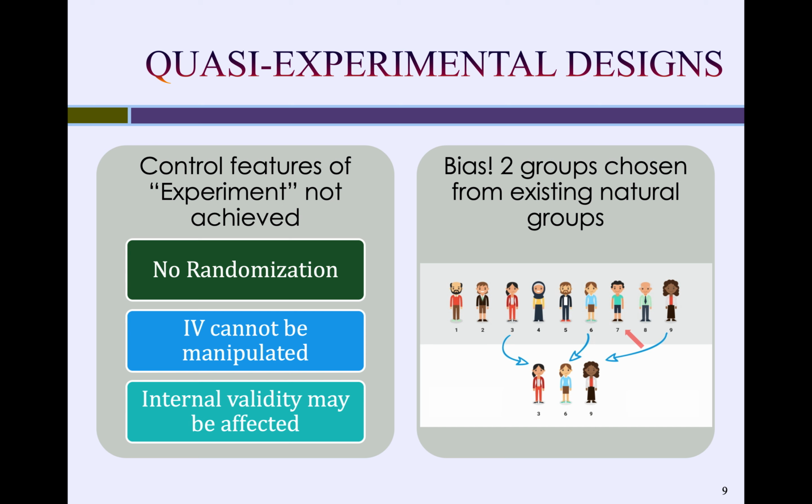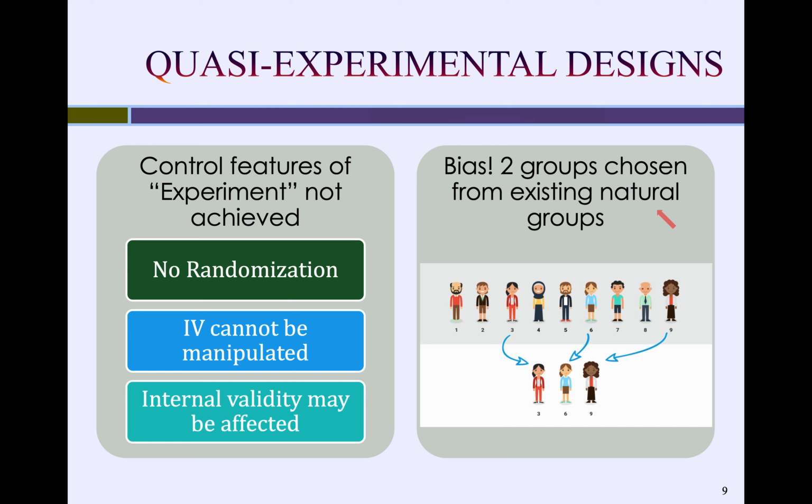With quasi-experimental designs, just by the fact that we cannot randomly assign and select our two groups, we have a compromised internal validity, and we also have bias. We have bias because our two groups can only be chosen from existing natural groups that are there. Typically something like classroom A and classroom B, like, hey, Dr. Garcia is going to let us come and assess her students in this particular class, and Dr. Fernando is going to allow us to go into her class and we can assess the students in that class.